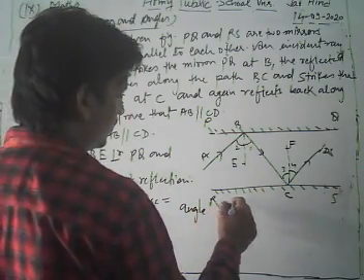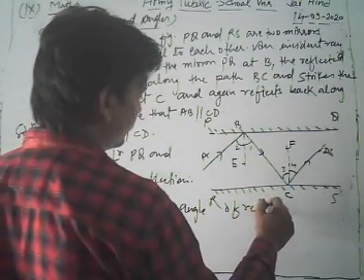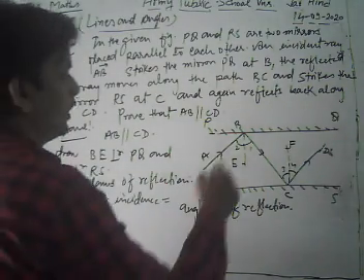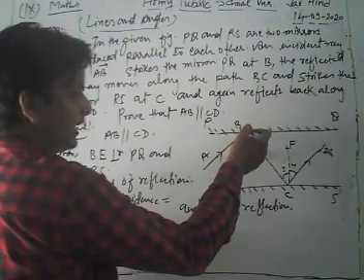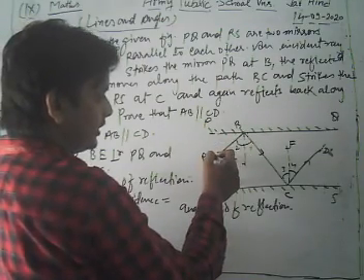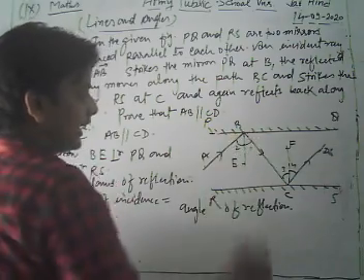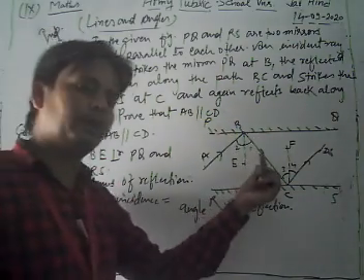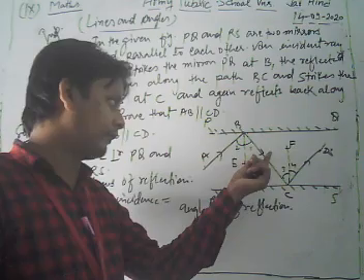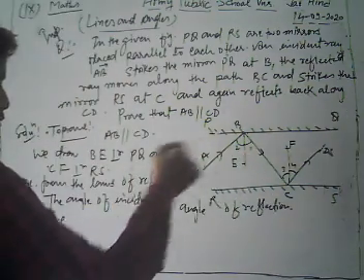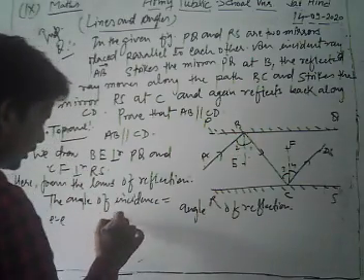This is the normal with respect to that mirror. Here AB is the incident ray, and the angle made between the normal and the incident ray is called the angle of incidence, and the angle made between the reflected ray and the normal is known as the angle of reflection. According to the law of reflection, angle 1 must be equal to angle 2.